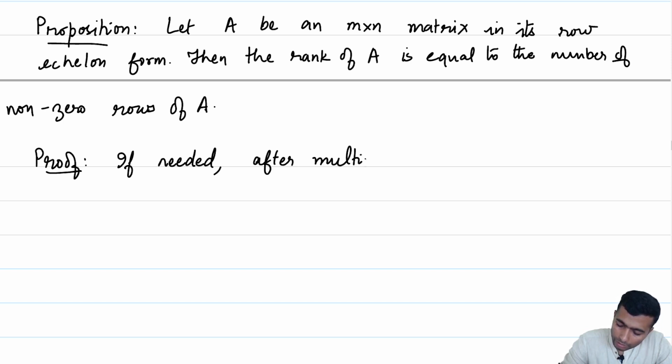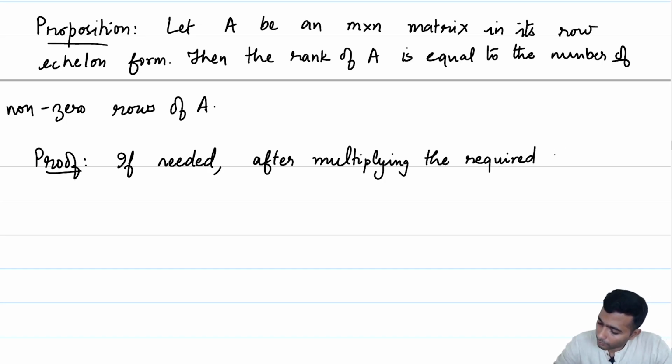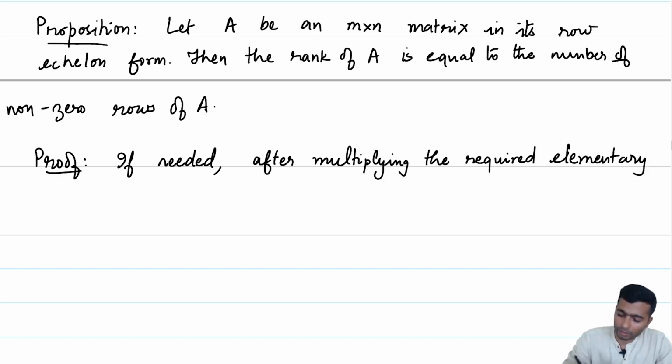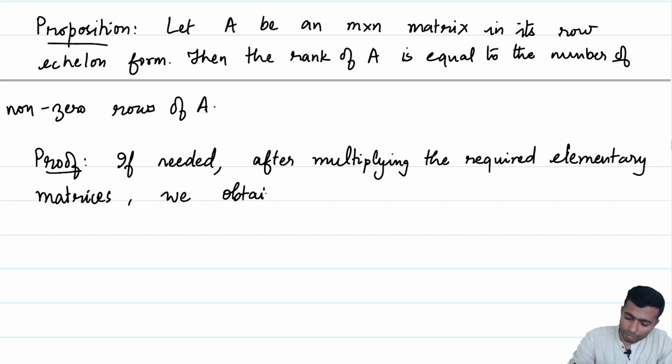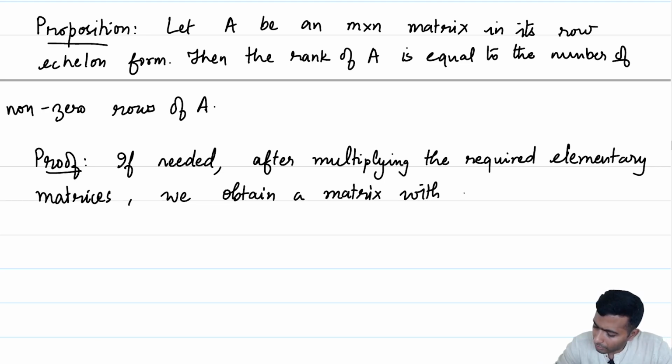After multiplying by the required elementary matrices, we obtain a matrix with the first, say, k rows non-zero.